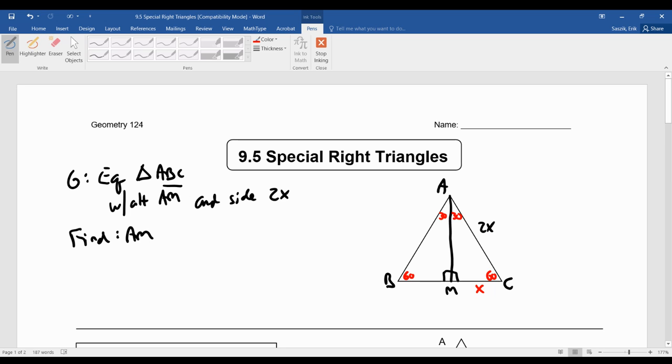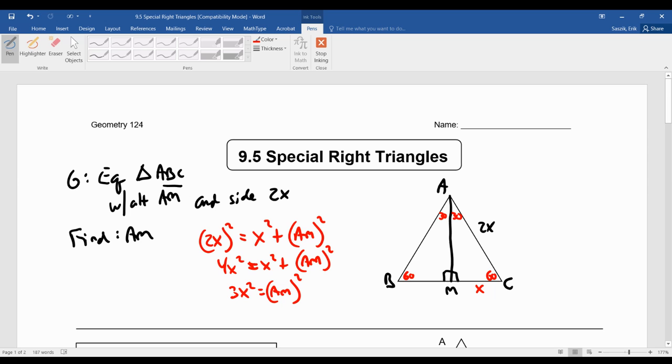So let's go ahead and find AM. Let's use the Pythagorean theorem. The hypotenuse squared, don't forget to use parentheses, equals leg squared plus the other leg squared, which is what we want to find. So that's (2x) squared equals x squared plus AM squared. Move the x squared over.